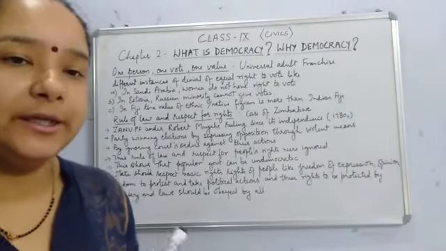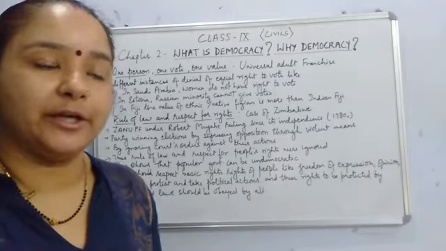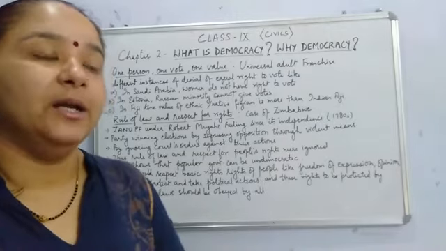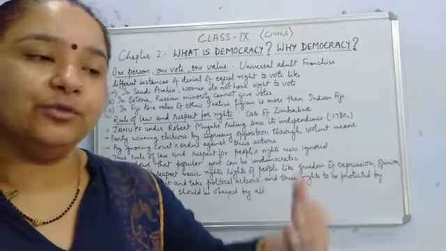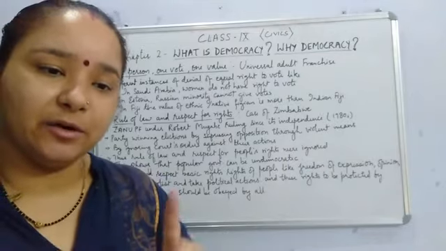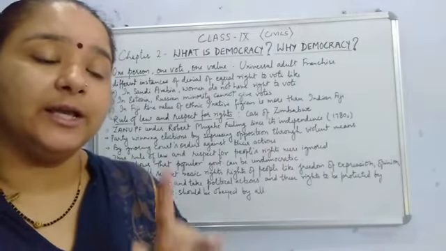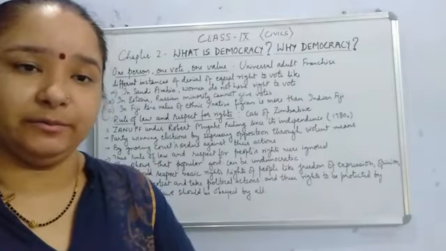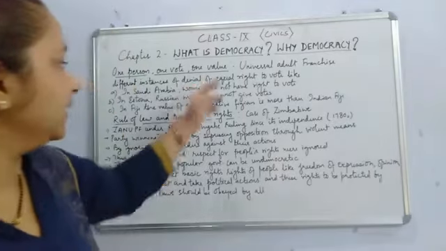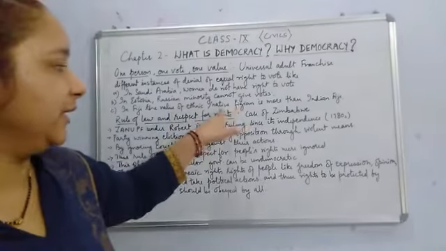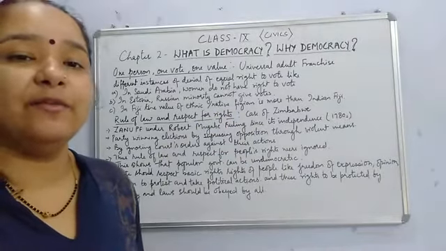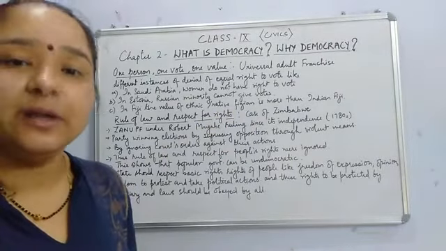Suppose a native Fijian is giving one vote, it equals 2. And the value of an Indian Fijian vote is one vote, one value, right? Here the native Fijians are having more value for their votes.